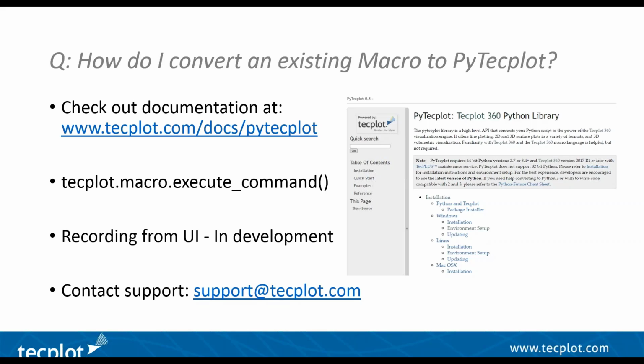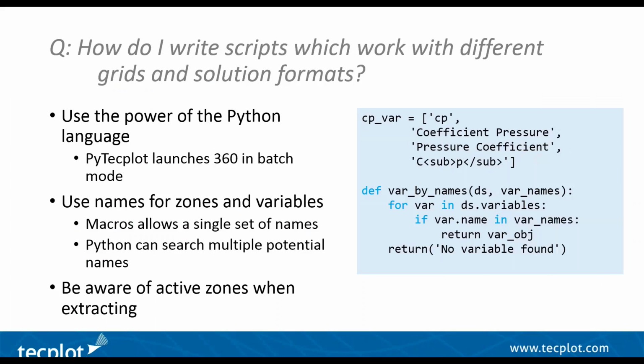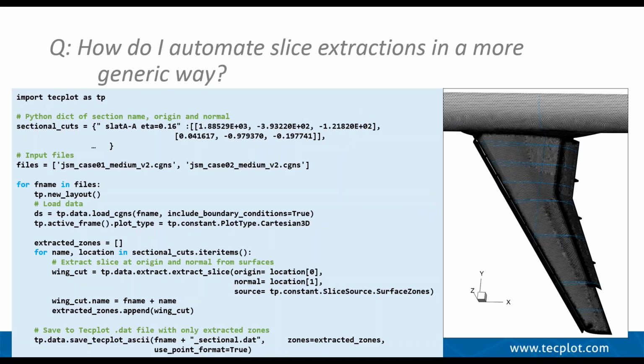So Python libraries are loaded by import tecplot. If I go back up to the sample script, I have import tecplot as tp, and that is actually launching a 360 instance silently on your machine, acquiring the license and executing these commands without bringing up the user interface.